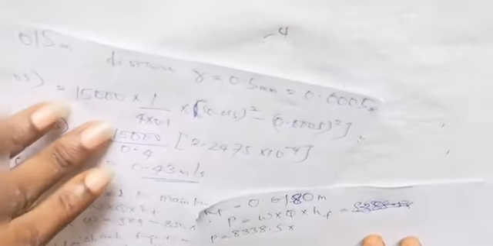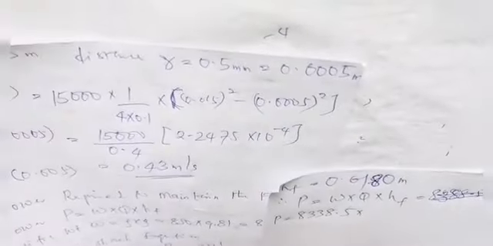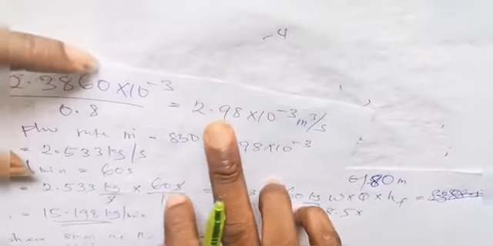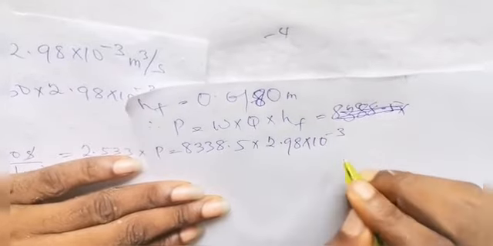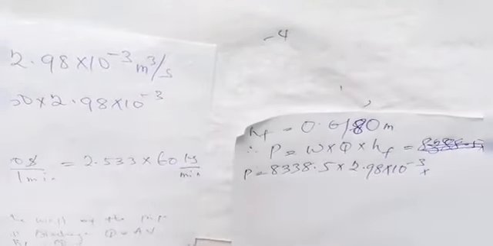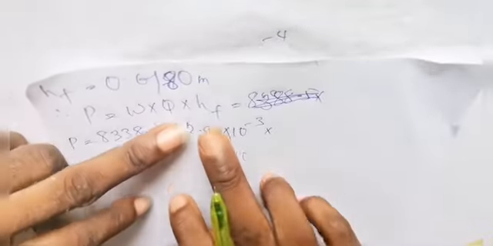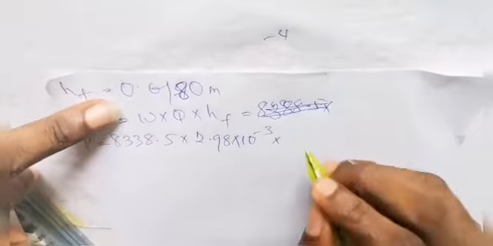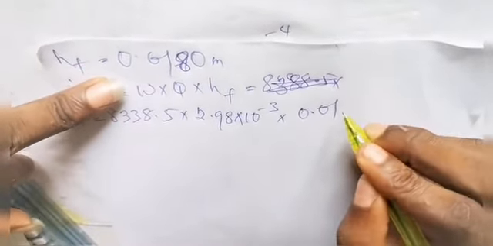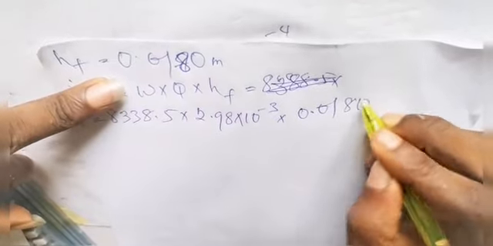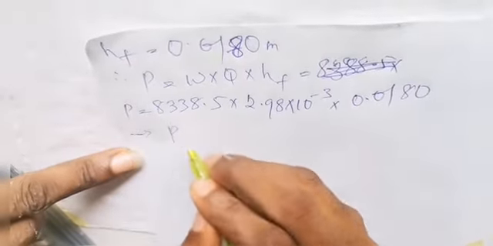We obtained discharge earlier as 2.98 by 10 to the power of minus 3, multiplied by head loss due to friction, which we obtained here as 0.0180. So this will give us the power required to maintain the flow.